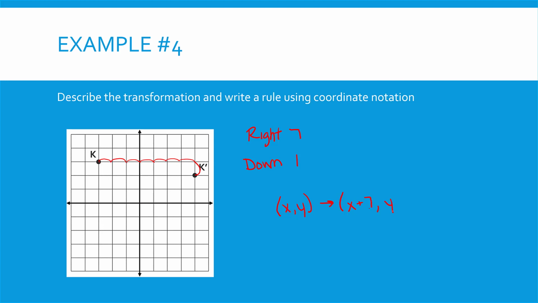And then we need the y, and our y goes down. That's our ups and downs. So down would be a negative or -1. And that would be your coordinate notation. To go from K to K prime, right 7, down 1, or x plus 7, y minus 1.